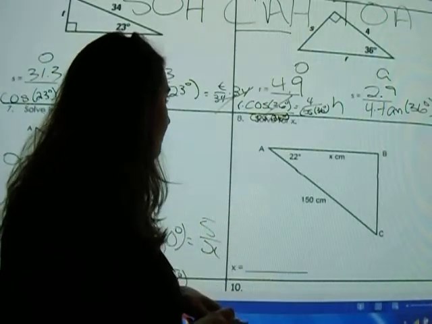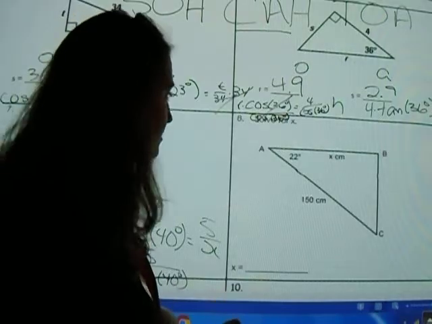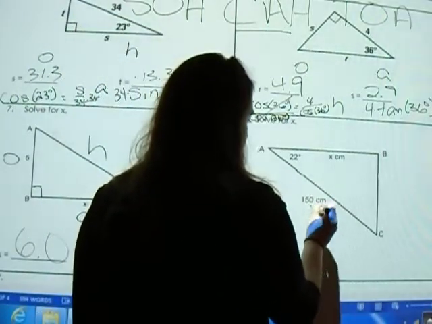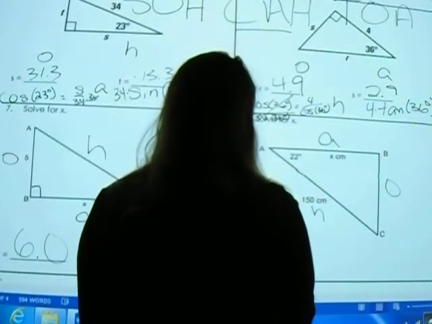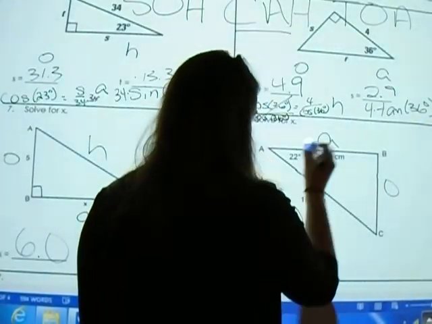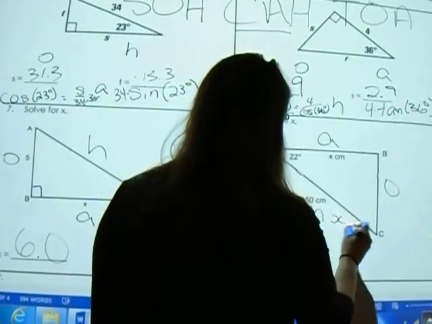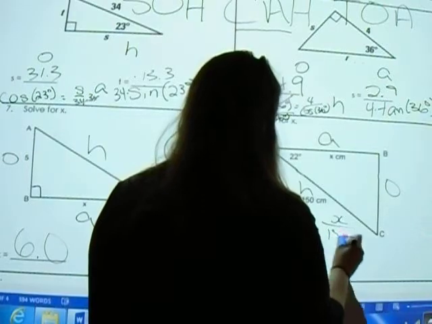Alright, let's look at number 8. Once again, we're told to find x. So this is our hypotenuse. This is our adjacent, and this is our opposite. We're told to use adjacent and hypotenuse, right? So we do cosine of 22 degrees equals x over 150.